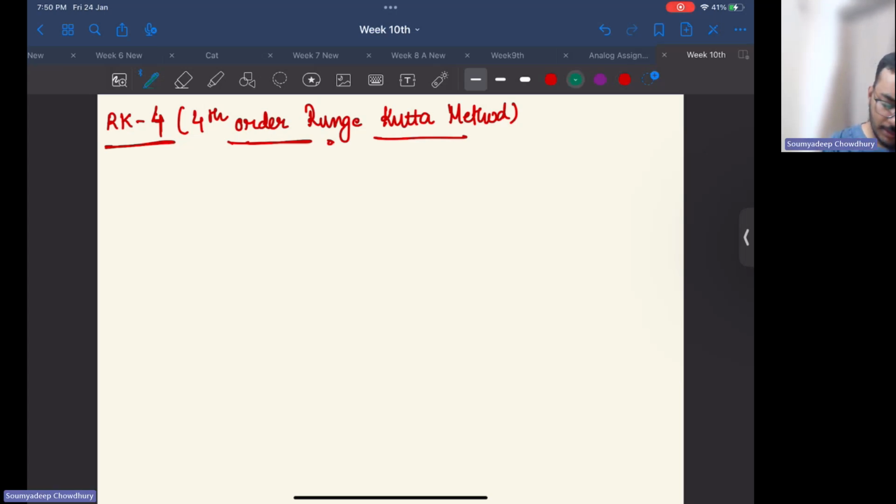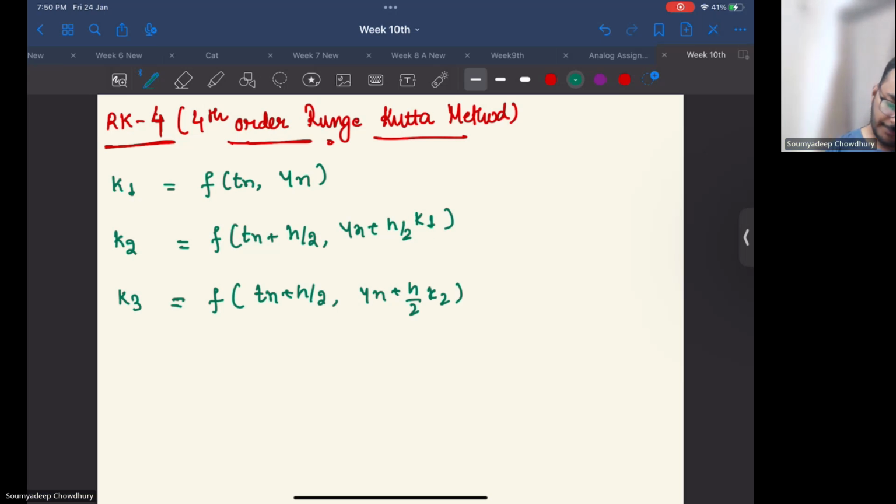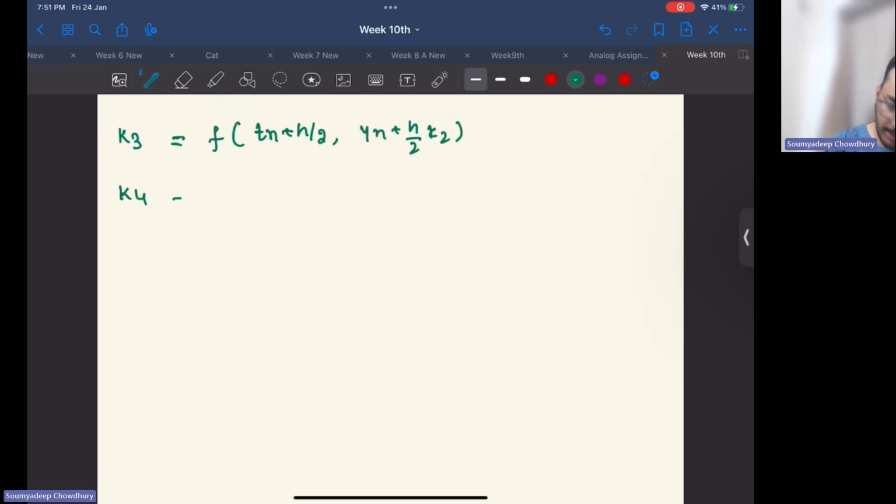So here we will have four constants k1, k2, k3, k4. k1 is the slope at t_n; k2 is the slope at t_n plus h by 2 and y_n plus h by 2 k1. k3 is equal to f of t_n plus h by 2, y_n plus h by 2 k2. And k4 will be f of t_n plus h, y_n plus h k3.